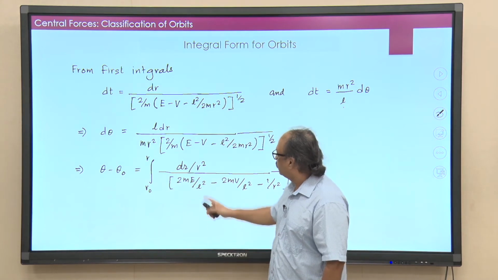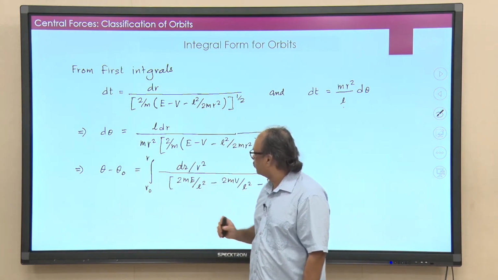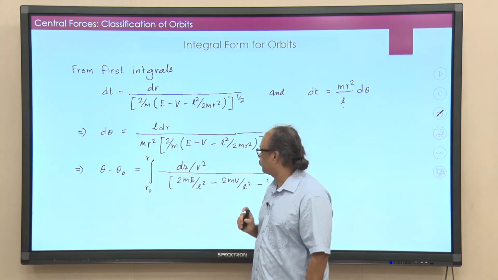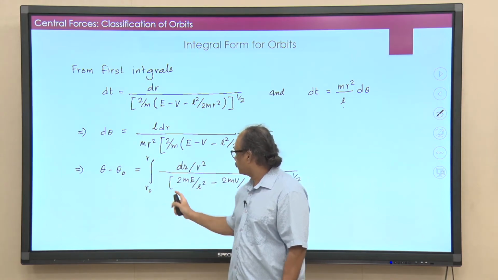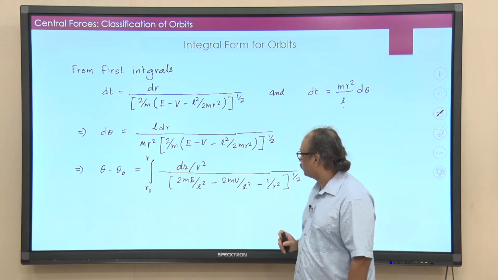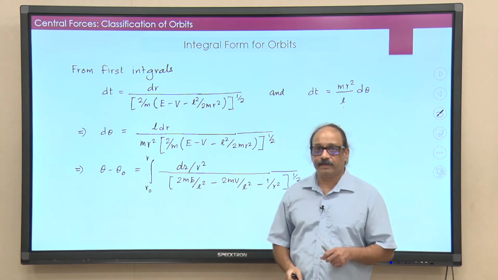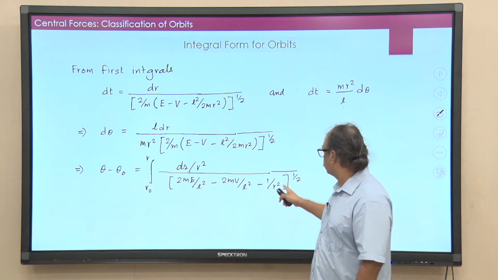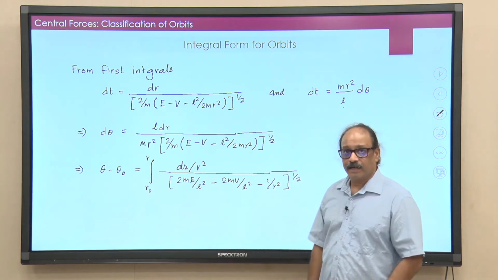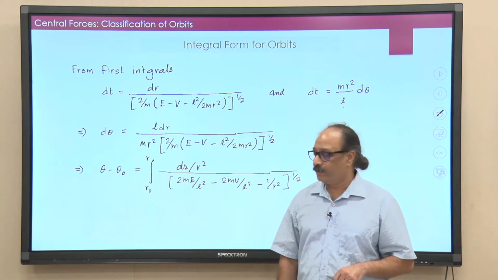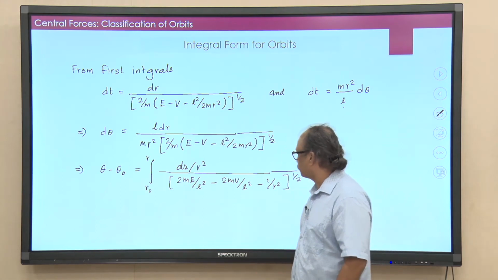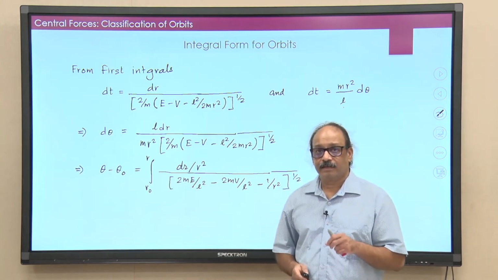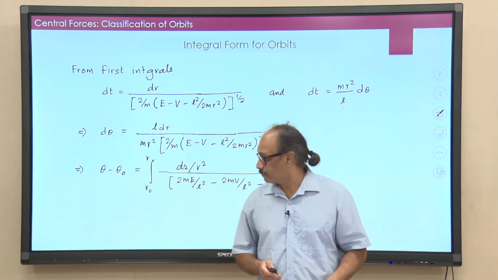And I have rewritten this integral in a slightly different form. This r square I have put in the numerator. So, this will be dr by r square, and the remaining factors all have been taken inside the bracket. So, you have 2 m E by L square minus 2 m V by L square and minus 1 over r square. And you can immediately see the reason for doing this manipulation. Of course, I am going to write this in terms of the coordinate u instead of coordinate r.